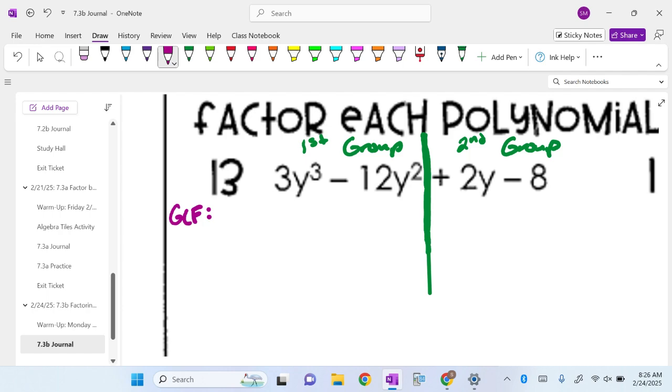I'm not doing it for you. So I just want to know the GCF of the first group. So 3y cubed minus 12y squared. That's all I want to know.